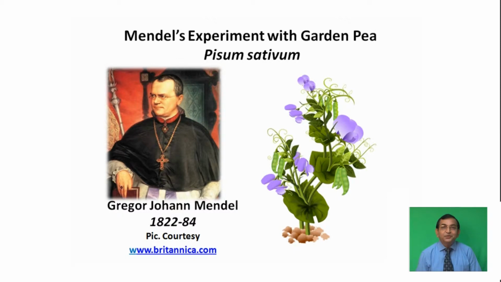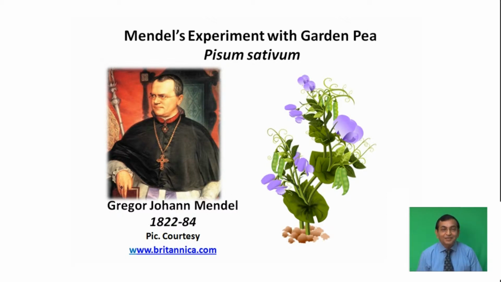One reason for Mendel's success is that he selected his experimental material astutely, the garden pea, Pisum sativum, which is true breeding and can be easily grown in an experimental garden.